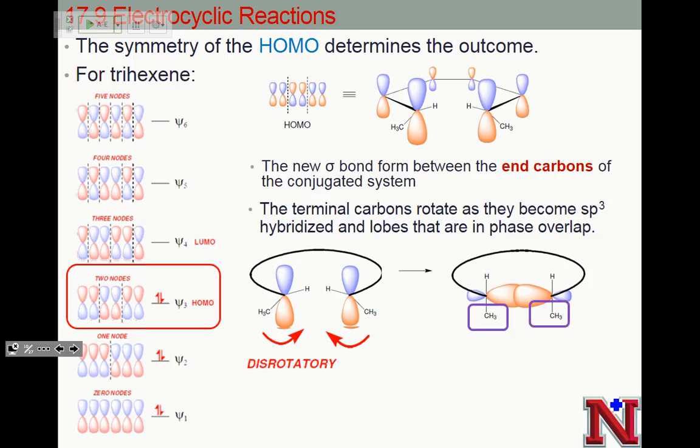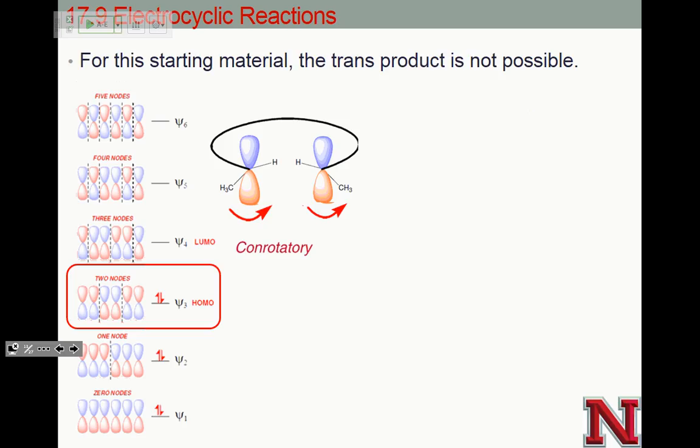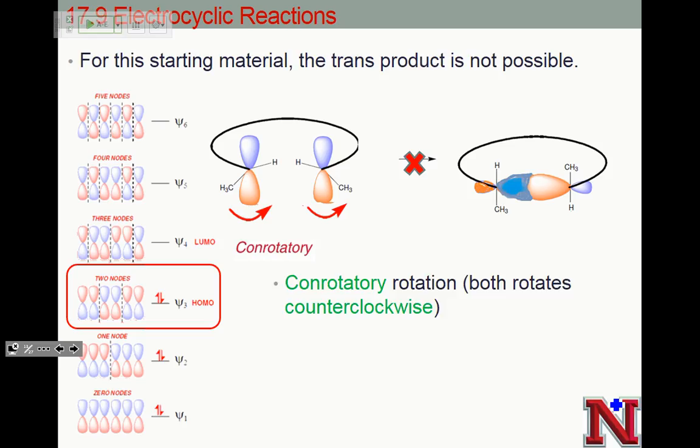If we try to show conrotatory, which is turning them both clockwise or both counterclockwise, what we get is symmetry not allowed. So under heat conditions, for this particular compound, if we look at the molecular orbital diagram, only disrotatory is allowed.